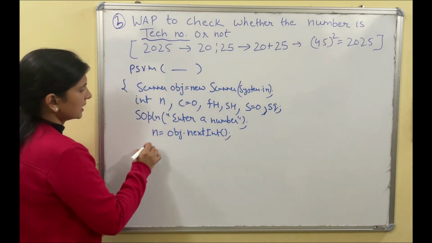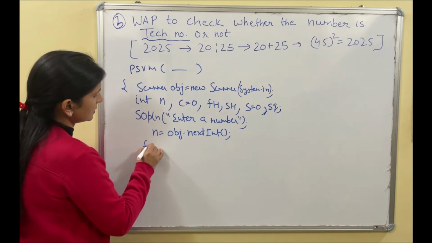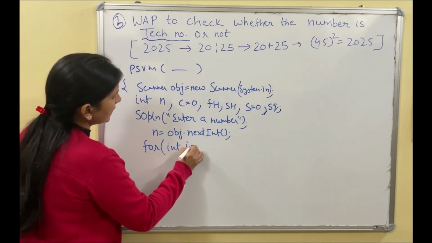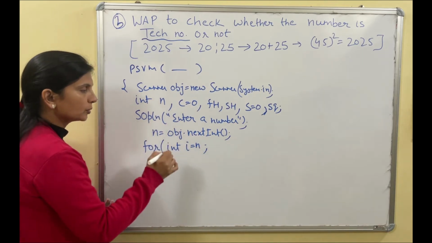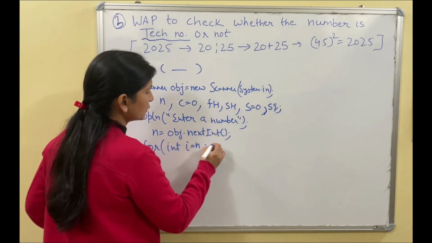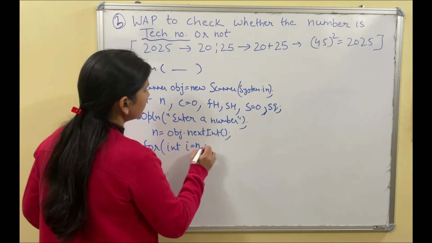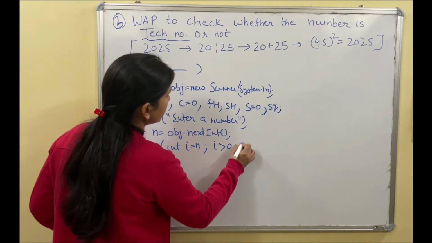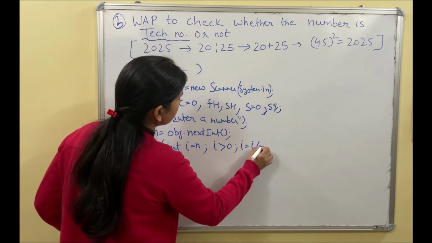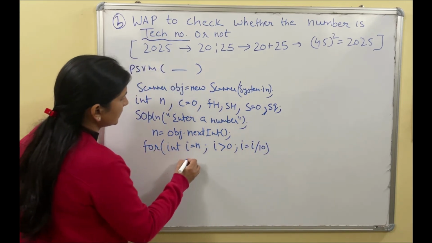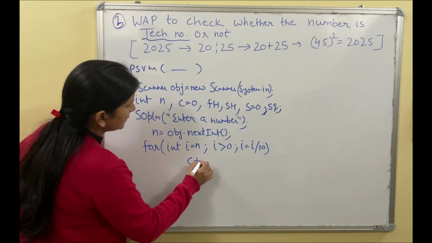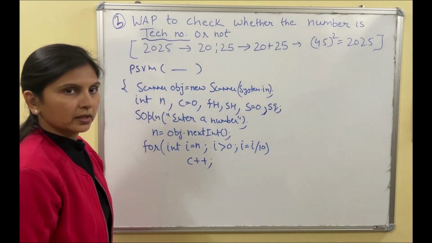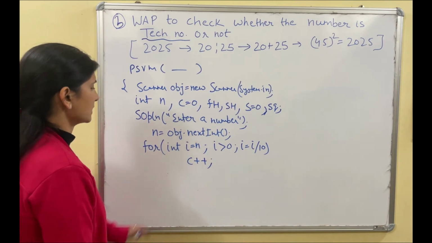Then we will use the loop: for int i equals n, i greater than 0, i equals i slash 10, the same loop which we always use in digit extraction. So we will apply the counter here. We will increment the counter by 1, c++, or you can write c equals c plus 1, same meaning.